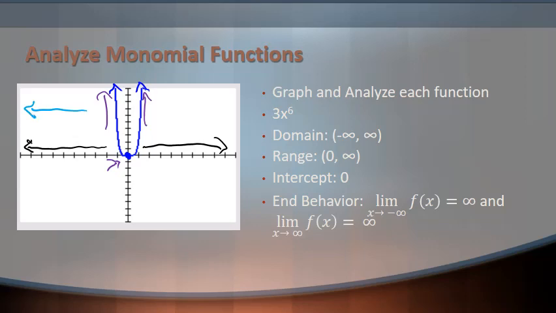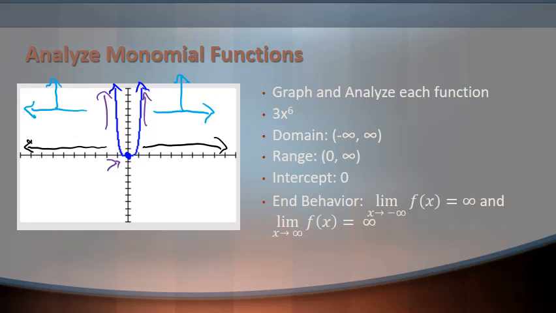What's y doing here? Or f of x equals y. I can see that y is going out to +infinity. And at the same time, I can see as x is moving towards infinity this way, f of x or y is also moving out towards infinity.